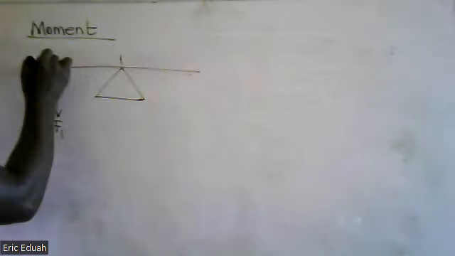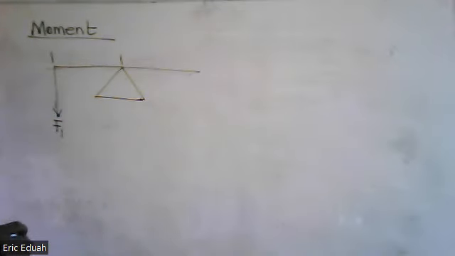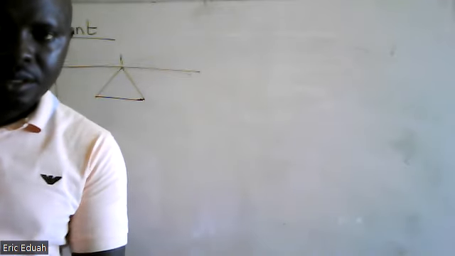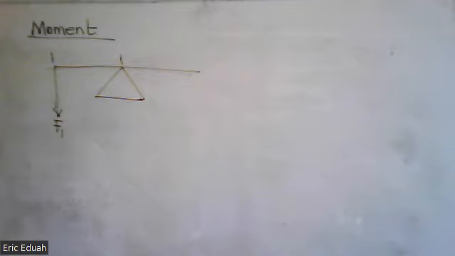And from the pivot to where? Mr. Edia. Hello, Anita. Mr. Edia, please, the formula for the torque, is it force times half of L or force times the full length of L? It's half of L. So the example, half of L was 50 centimeter.